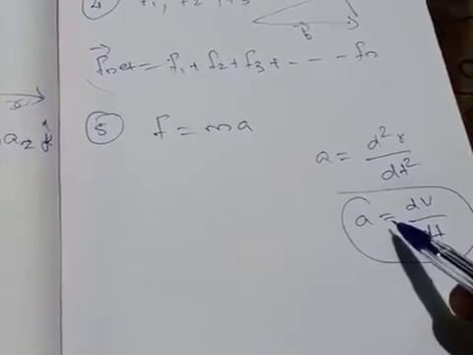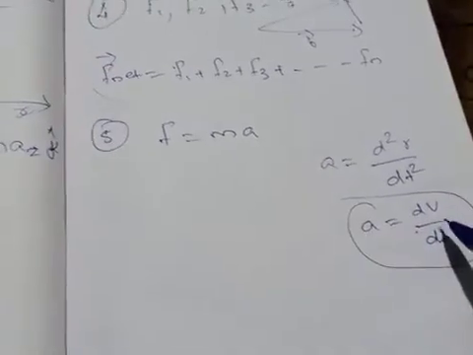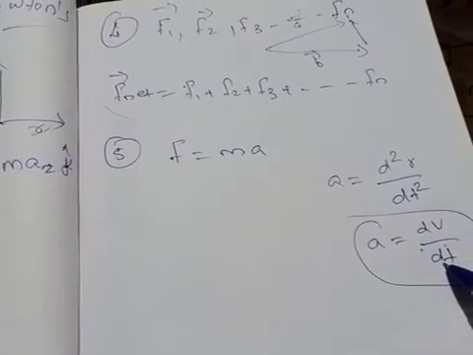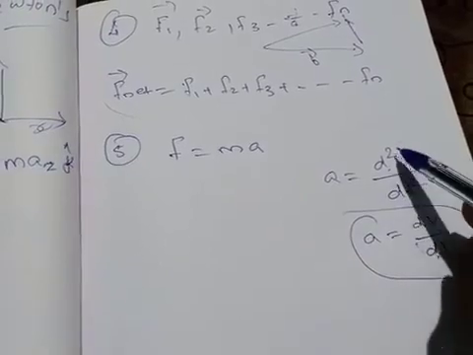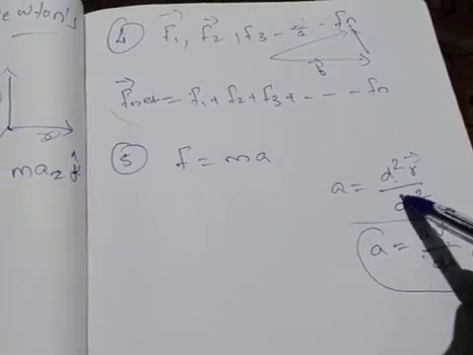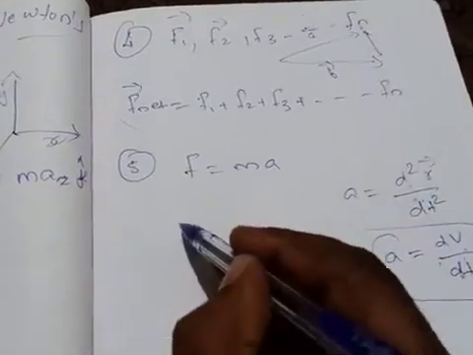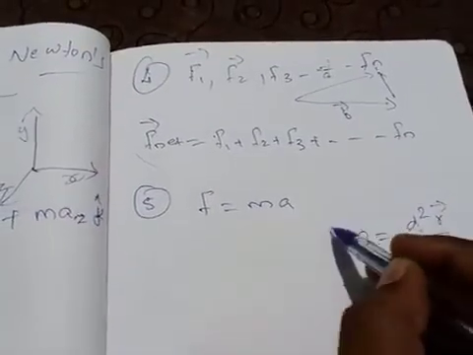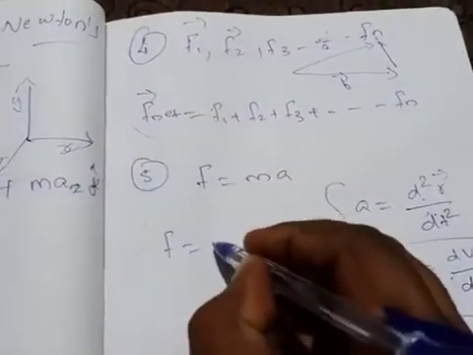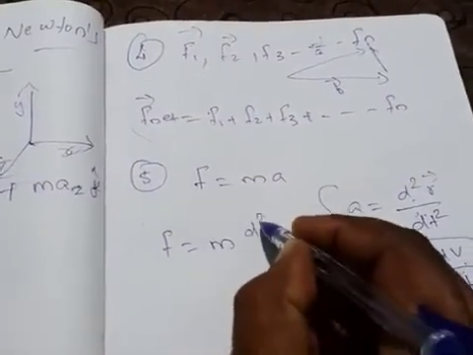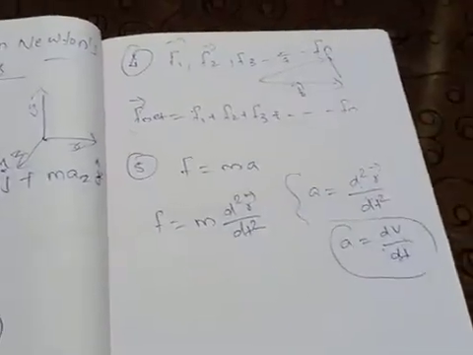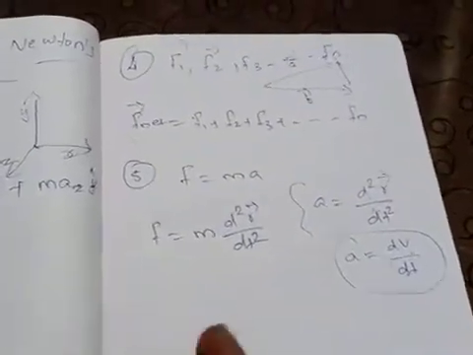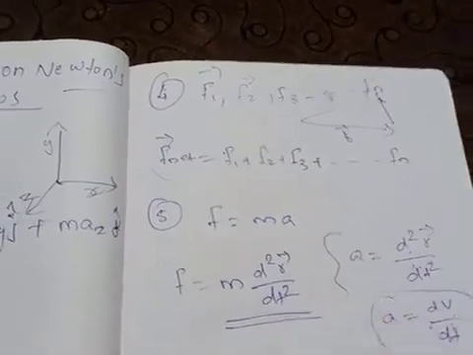This is the first derivative form of acceleration, and the same equation we can write with d square r by dt square, the second derivative form of acceleration. So you can write the equation F is equal to m into d square r by dt square. This is the fifth point.